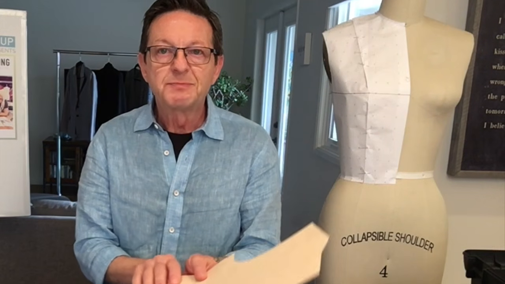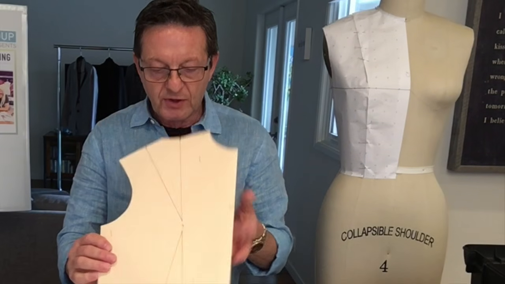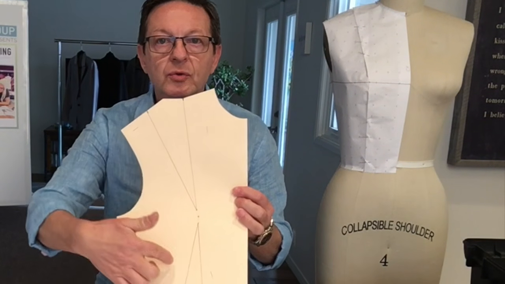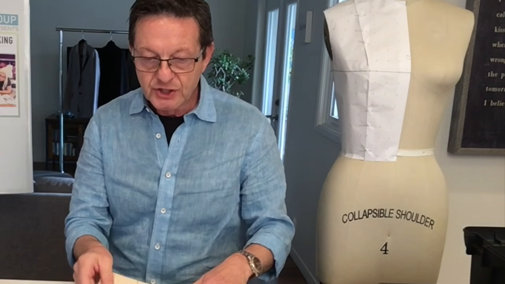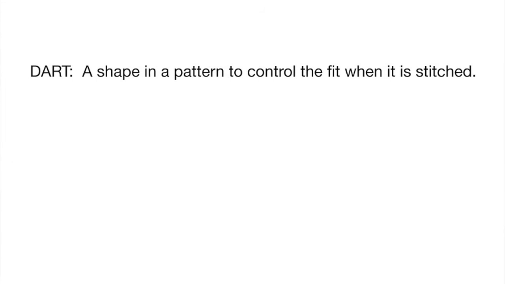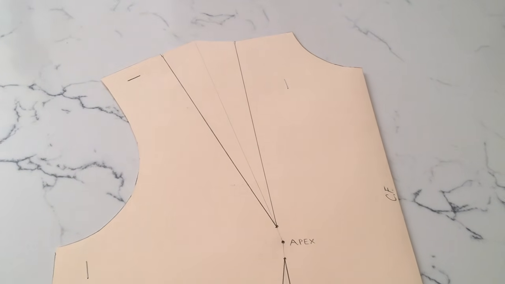Okay, let's look at this pattern for a minute. So this pattern has two darts. What is a dart? By definition, the textbook says a dart is a shape in a pattern to control the fit of a garment when it's stitched.